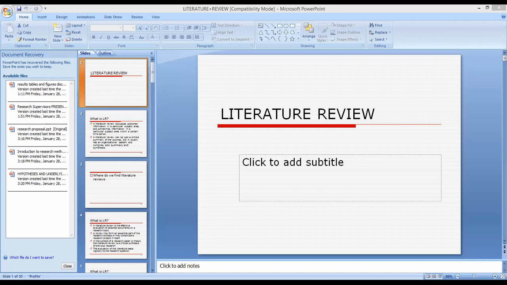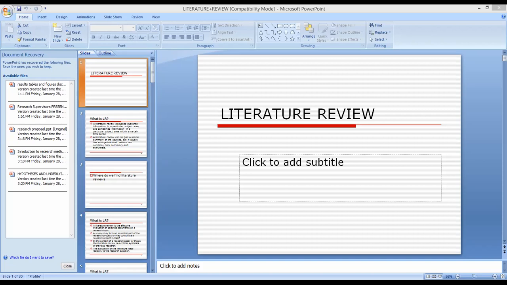Once you do your literature review, it builds up towards addressing issues related to your topic, and then you are able to devise what is known as a research question. A research question is your topic or your title in a question format.